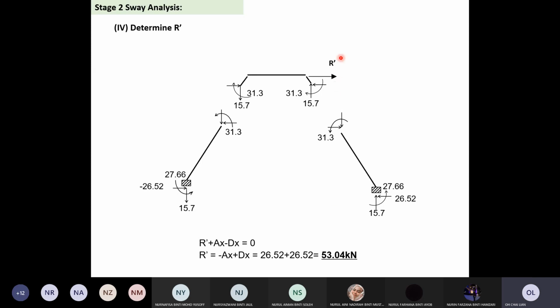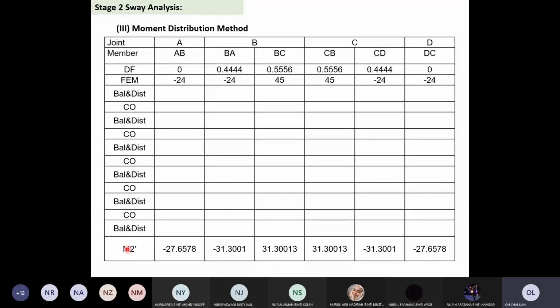So now we need to know how to get the R prime. The process will be the same as determining the R, just to make sure that your R and R prime are acting oppositely. You can check through your value, positive or negative. Again, you need to do the free body diagram, put in all the fixed end reactions, then the moments, which you can retrieve from this M2 prime.